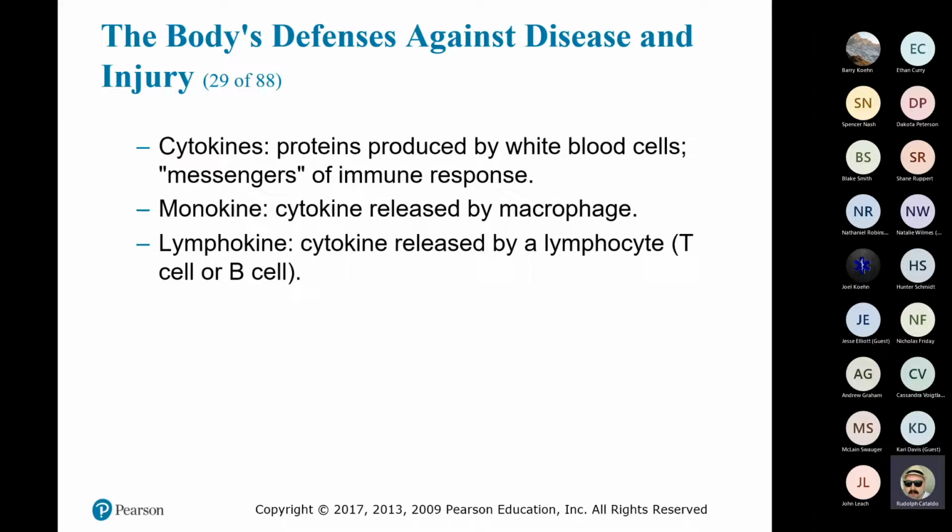Has anybody heard, when COVID was really running rampant, about an enhanced immune response, where the body was essentially attacking itself, right? I think I talked about that a little bit as well. That's what we call cytokines. A cytokine is a protein produced by white blood cells, and they're messengers of the immune response.